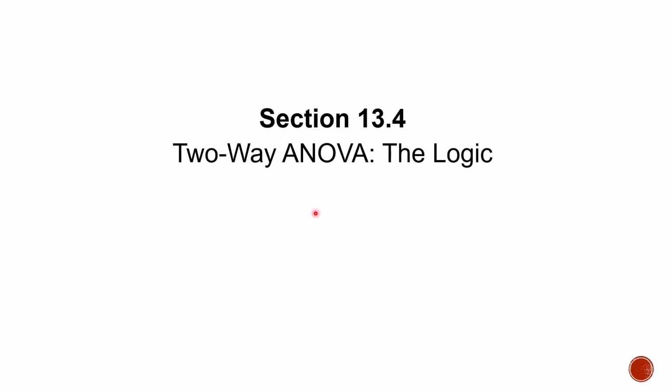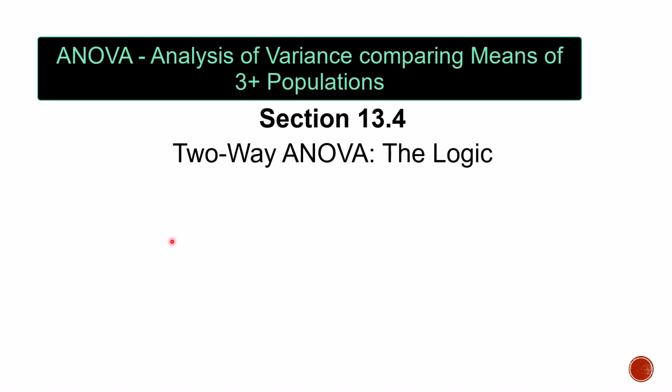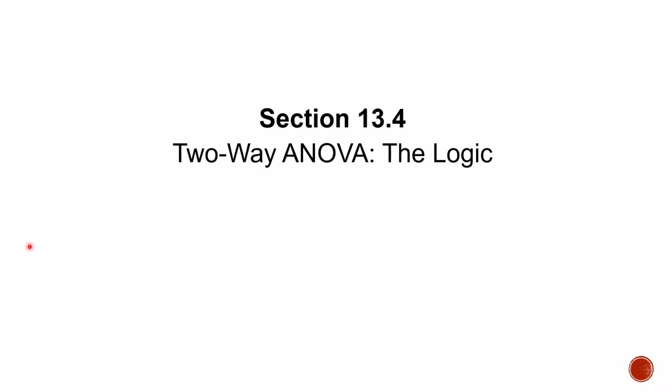Now, the one-way ANOVA that we studied before taught us how we can compare the means from three or more populations. So we worked with an example where we studied the mean energy consumption across different regions of the United States, the Northeast, Midwest, South, and West, if you remember.